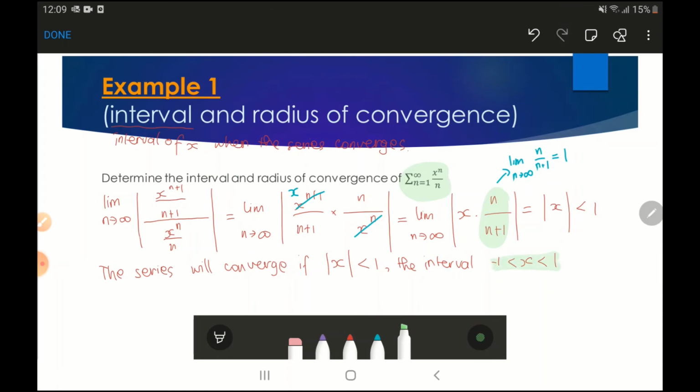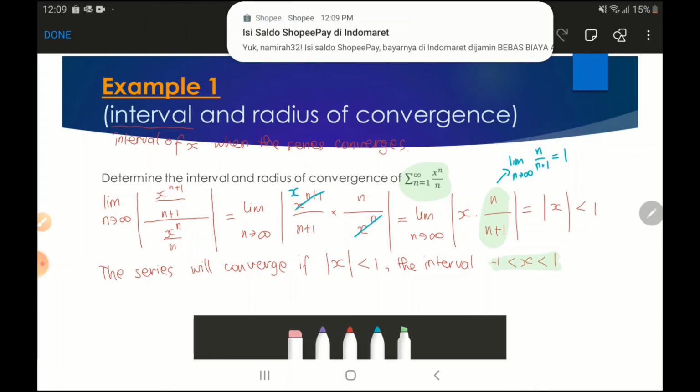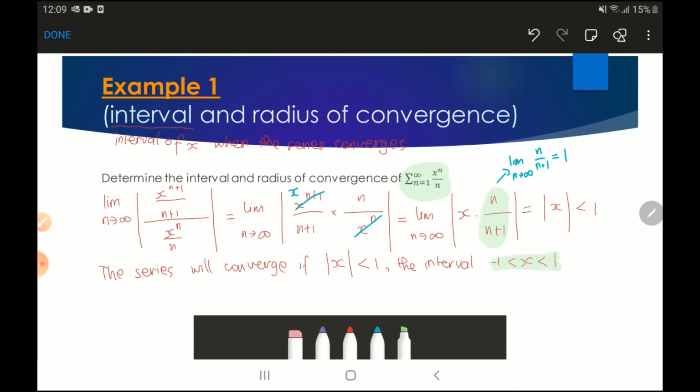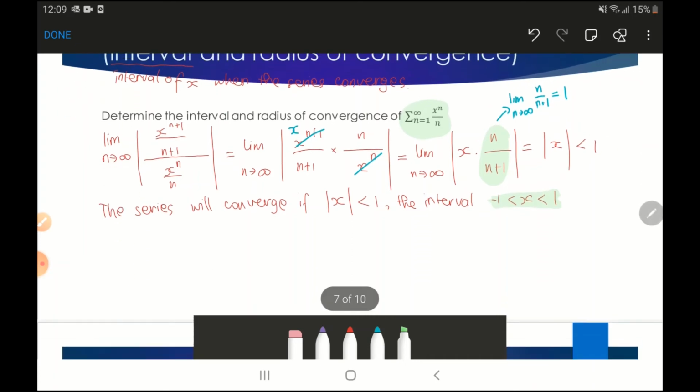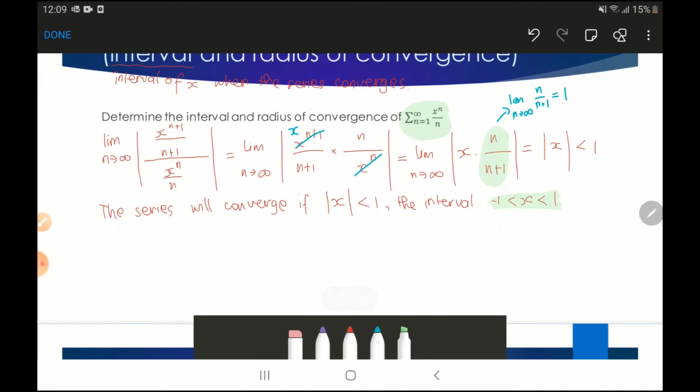What is the radius of convergence? This is when we come up with our center. This is what we call the center. So our interval of convergence starts from -1 to 1, right?